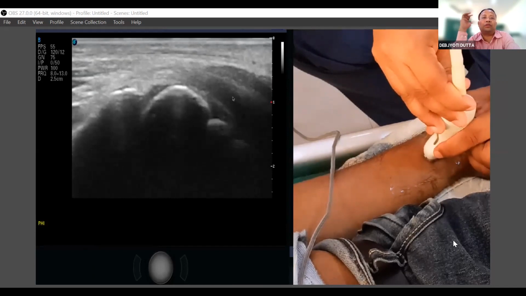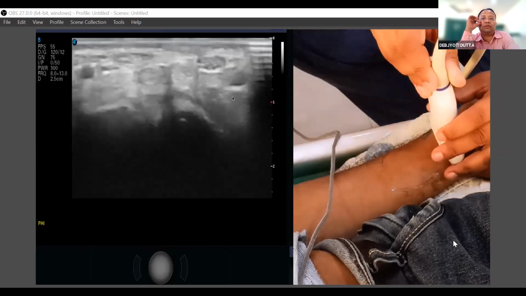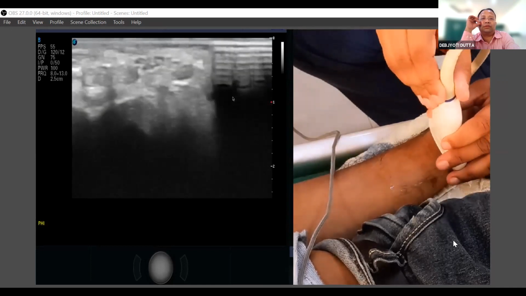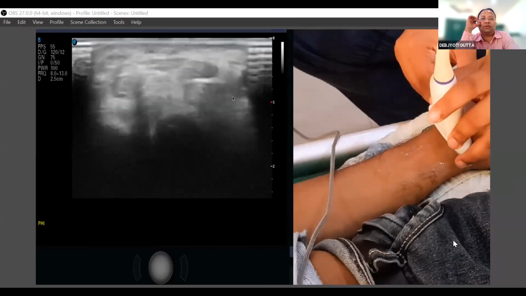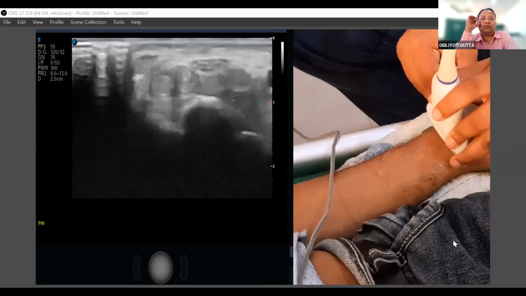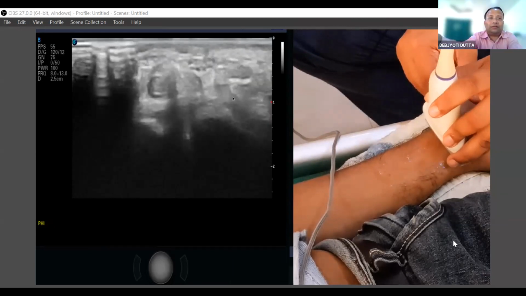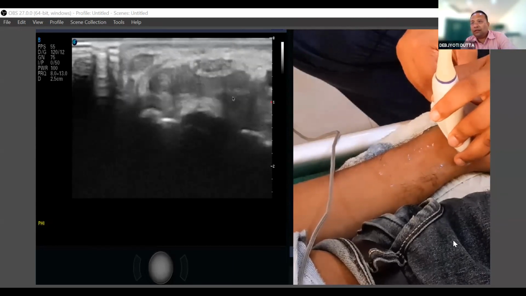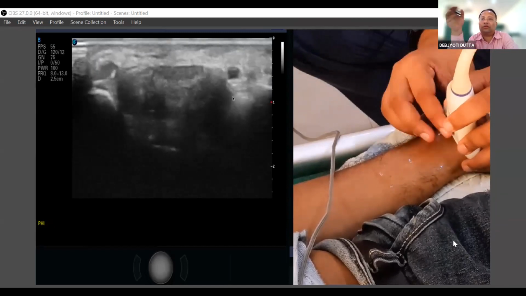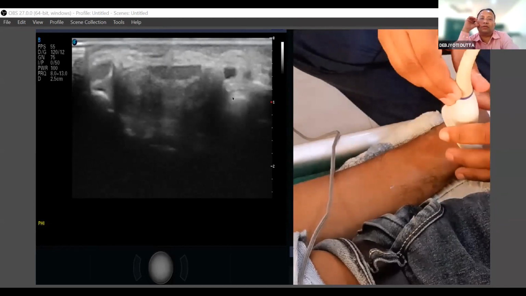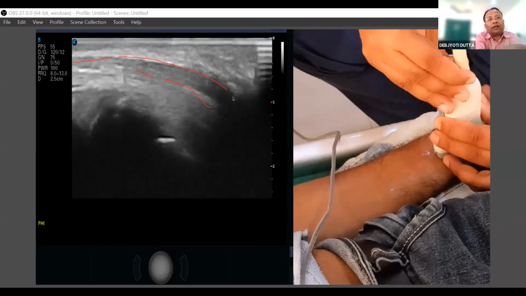Again, we are doing it so that we can make it more clear. We put it at the center and then rotate it. So here now we can see more portions of the clear nerve.